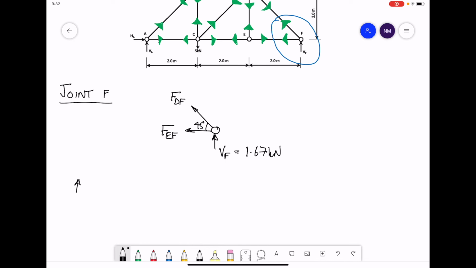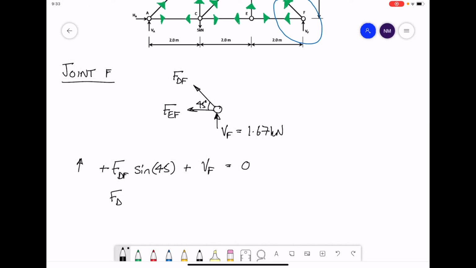Alternatively, you could do the horizontal resolve if you wanted to, but doing the vertical resolve we have force DF times the sine of the angle, 45 degrees. In this case it's positive because it's pointing upwards, plus force VF. Those are the two vertical forces acting upwards. For equilibrium they must add up to give you 0.